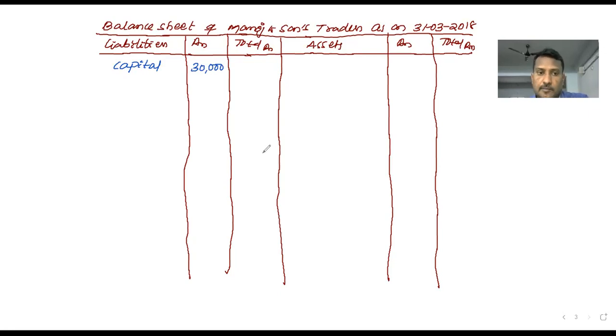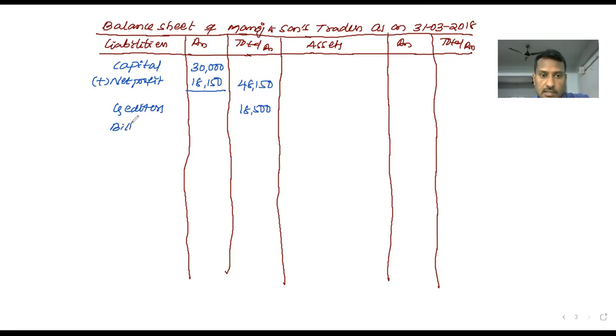To this capital add the net profit, which we brought down from the profit and loss account, 18,150. Now the total is 48,150. Next, other liabilities, creditors. Amount of the creditors 18,500.